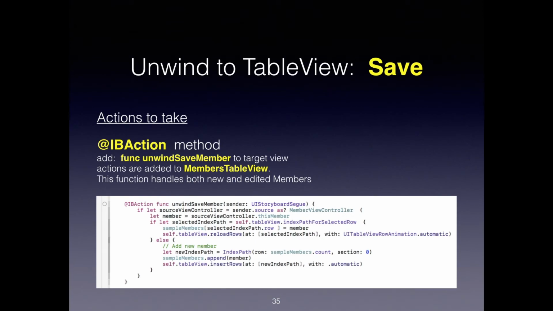In other words, we set that index for that array equal to the member, and then we update the table views. In other words, we're doing two things here. We're updating the array, and then we're reloading the rows at that selected path.